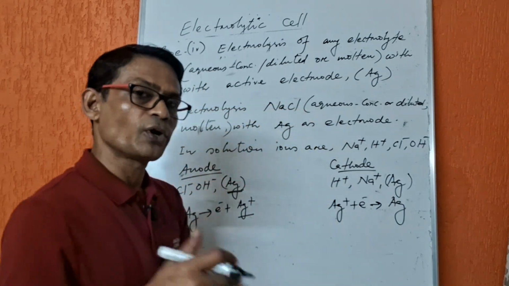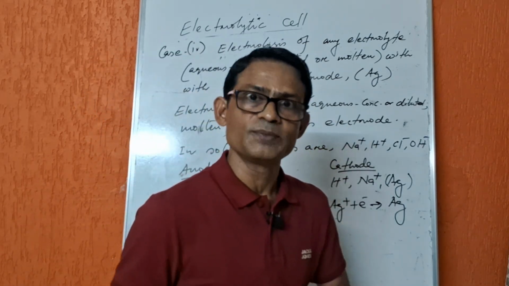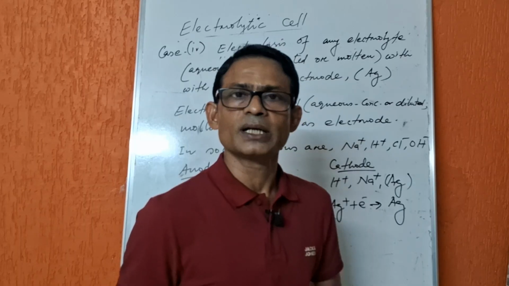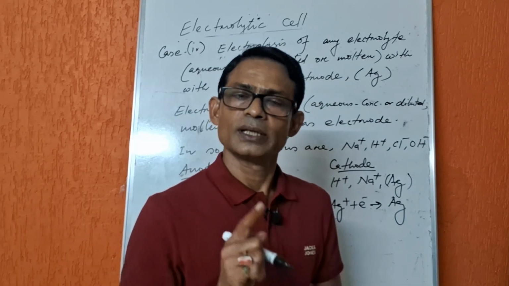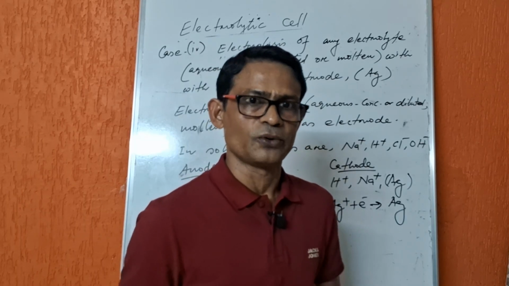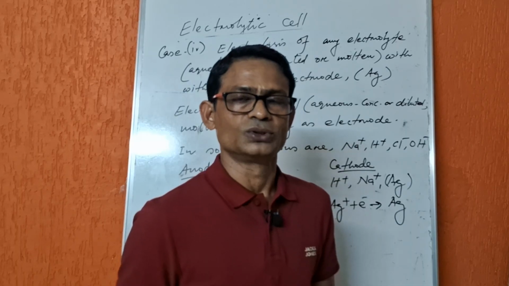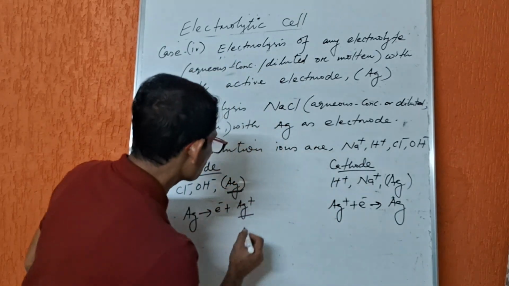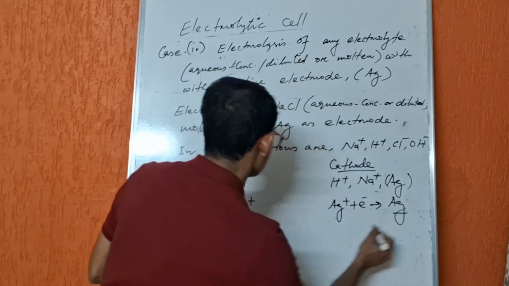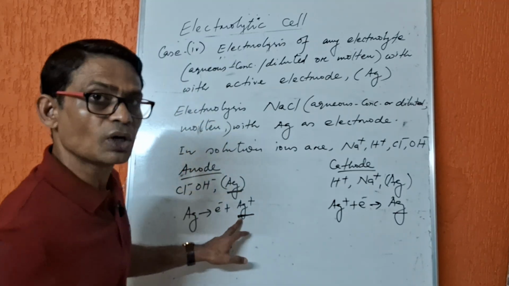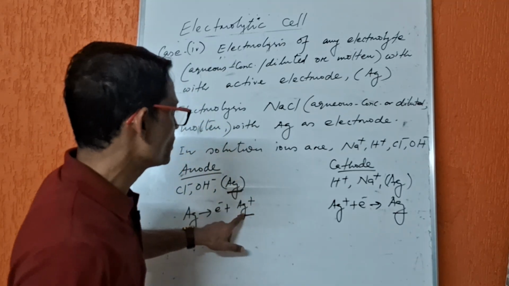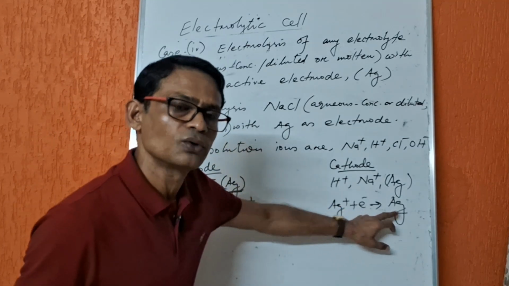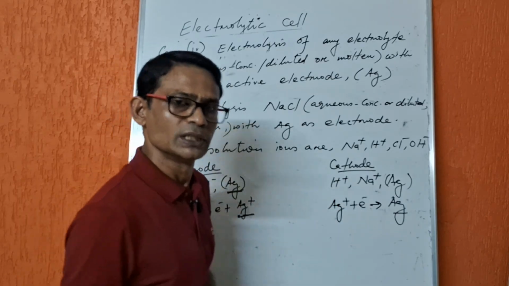That means for the case of an active electrode, anode or cathode, the reaction will take place on the electrodes, for the same material. Oxidation of the electrode and reduction of the electrode both take place here.